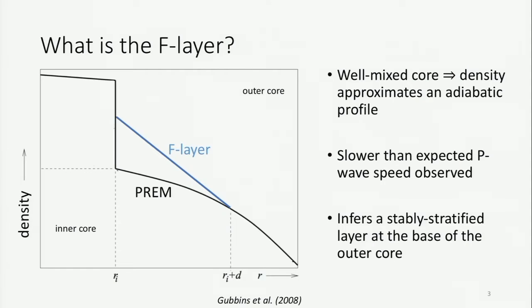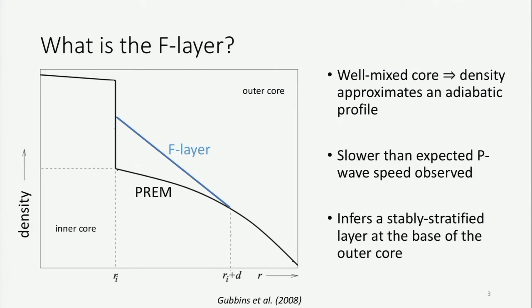So the F layer is based at the bottom of the outer core. Because we know that the core is predominantly well mixed, it will approximate an adiabatic profile, so the density should correspond to that traditionally. But there have been some recent seismic observations that there is this F layer which is stably stratified.